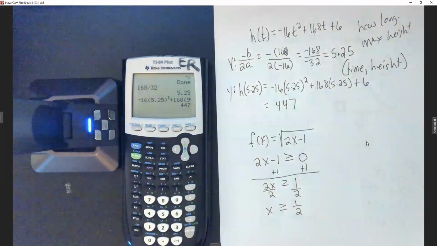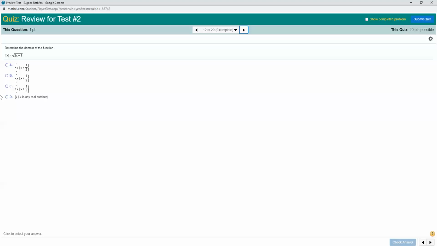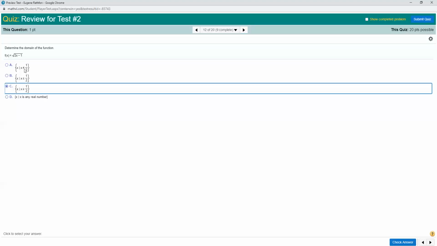Okay? Because it's got to be greater than or equal to these numbers. So go back. So greater than or equal has got to be C. Remember, you only use the not equals if it's a fraction, okay? So the radicals are always going to be greater than or equal unless you divide by a negative number and you got to flip it.